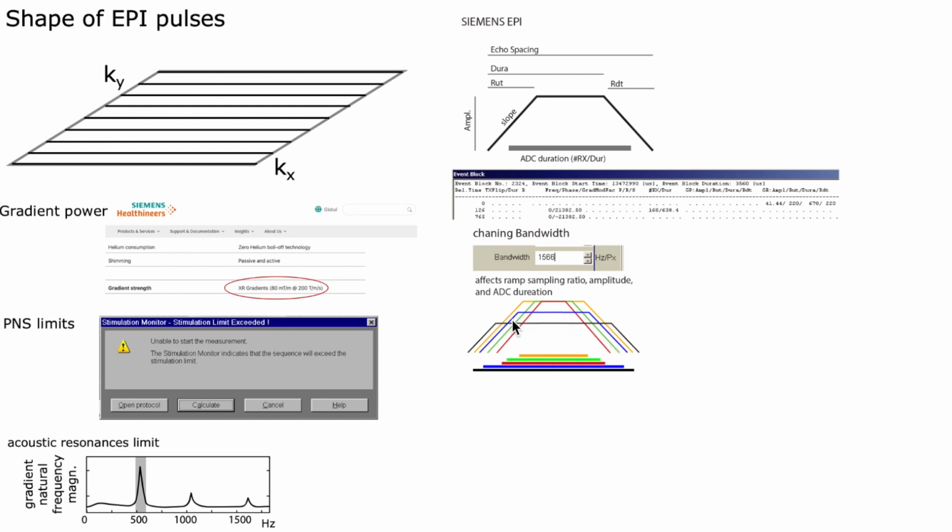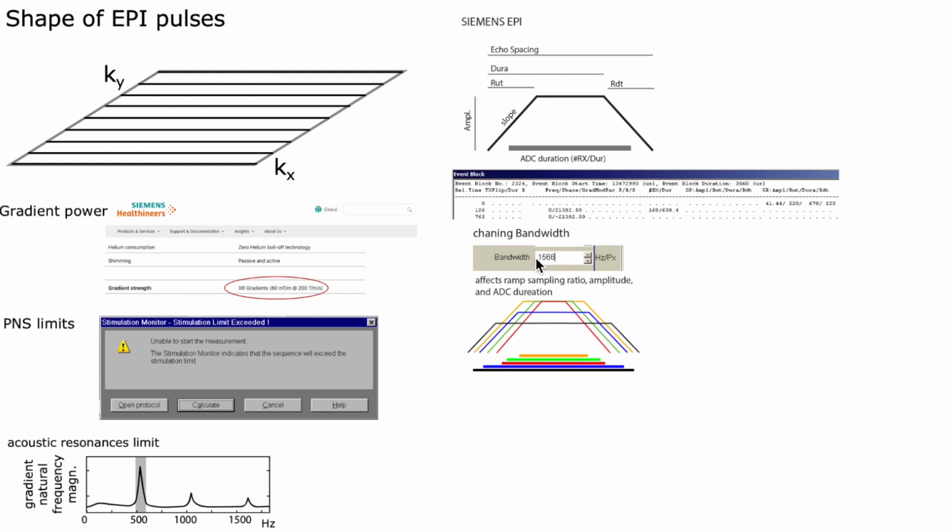So when you increase the bandwidth, going from very low bandwidth faster and faster, it increases both the amount of ramp sampling and the magnitude of the gradient. As soon as you reach the maximum amplitude that the system allows you to use, which is, by the way, not really the amount the gradient could actually give you, but an internal limit for your EPI, the amplitude does not increase any further.